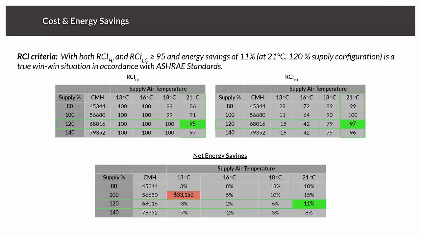And we know from experiments or from a data center disclosure that the cost of operating at 100% air supply rate with 13 degrees centigrade introduced as a supply air, we would pay around $33,000. Whereas if we were to switch to the conditions that we just calculated, we would be able to save 11% of this sum on the operation. So increase the fan speed and increase the supply air temperature.